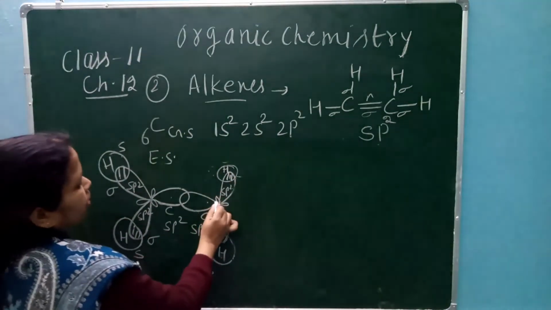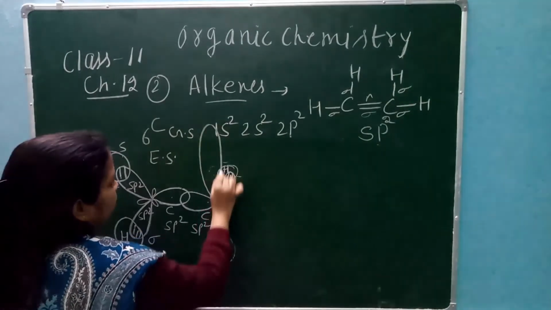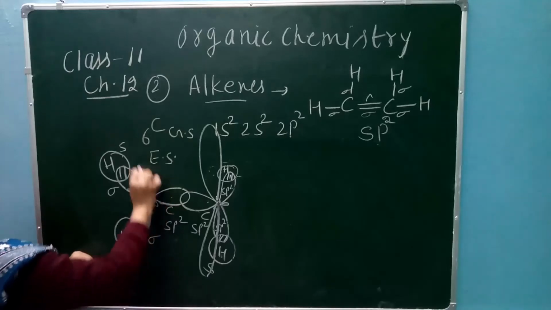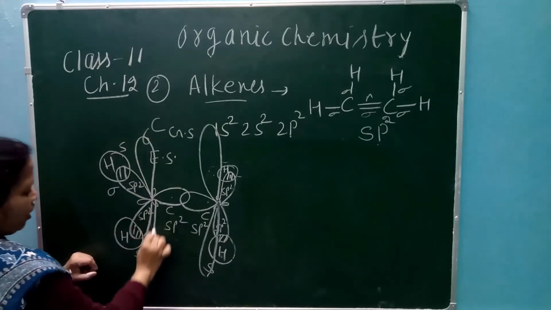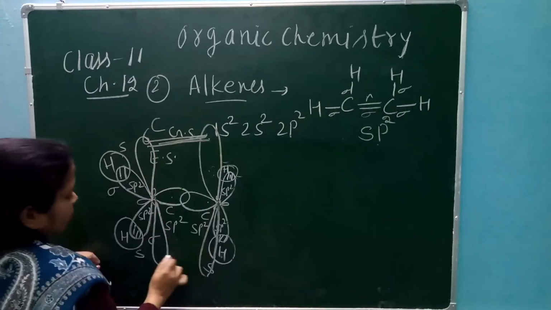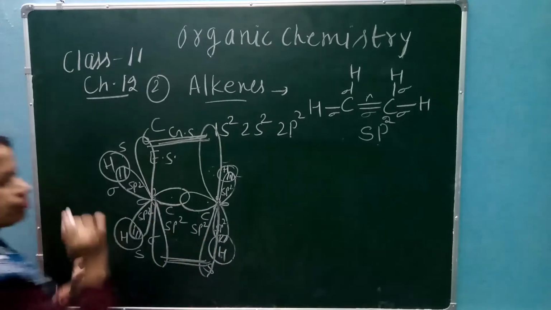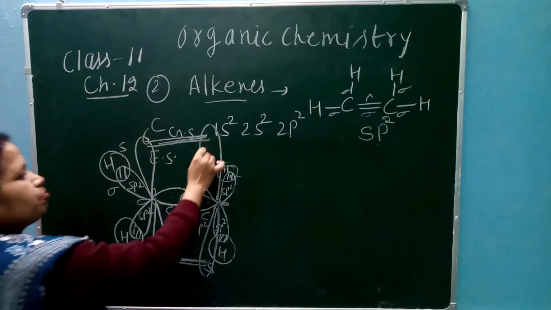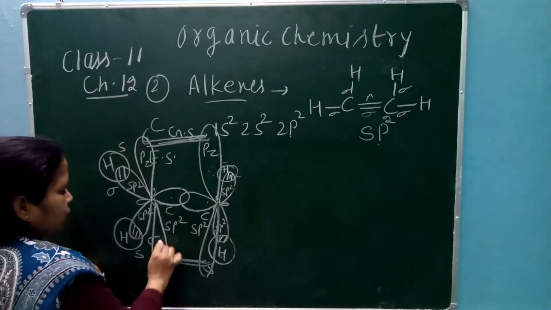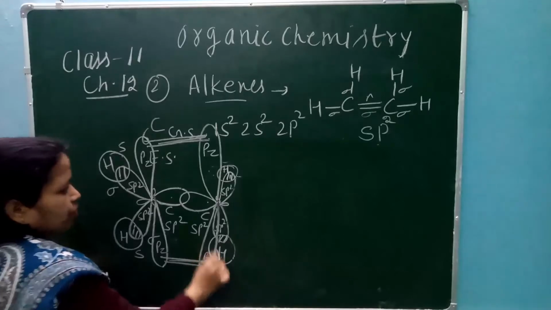One p orbital above the plane like this, and one p orbital here, and one p orbital here. There is sidewise overlapping. Clear? This is the pz orbital.